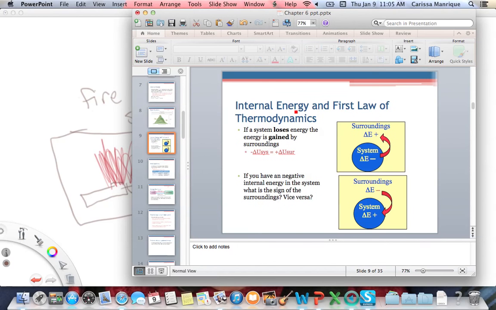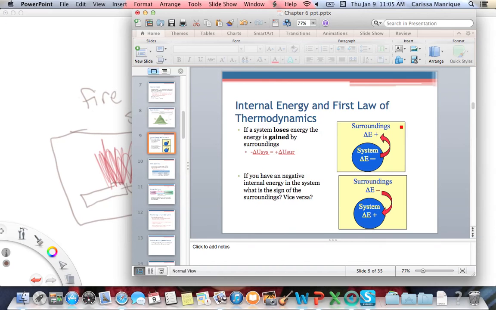So again, if a system loses energy, then the energy is gained by the surroundings, okay? So it's just what we said. If we look at our fireplace, so let's say this is our fireplace, our system, and our system is going to lose energy into the surroundings, okay? So since it lost energy, that's a negative sign, and the surroundings gained it, right?